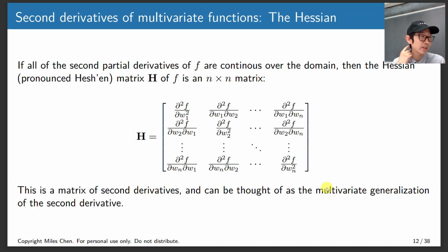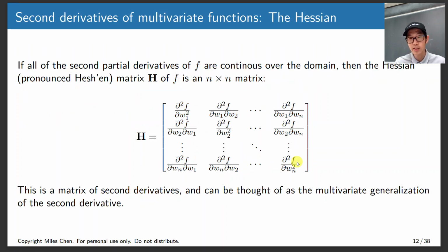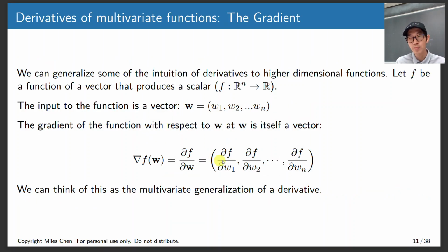And then if we want the second derivative, we get the Hessian matrix. If this is the gradient, a vector of length n of partial derivatives, then for the second derivative we take each of those partial derivatives and ask what is the gradient of this partial derivative with respect to w.